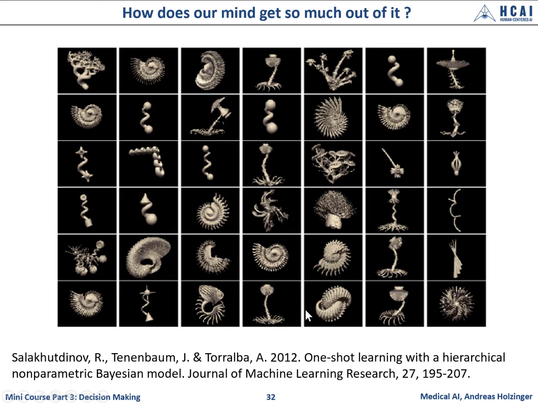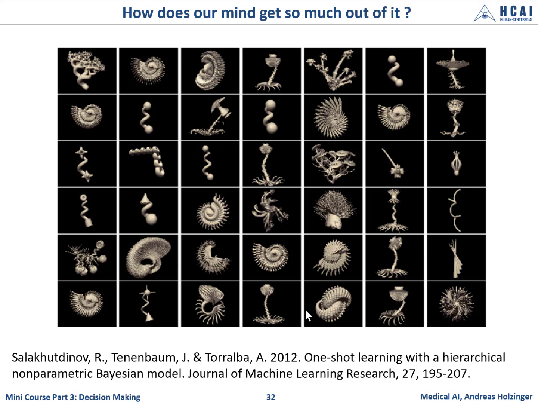So, with this nice experiment presented by the Tenenbaum group from MIT, it will become very clear how our human mind works and what we need for future AI. We are learning here about medical AI, and I think it is very relevant that you know about the limitations of current AI and what we need for future AI.